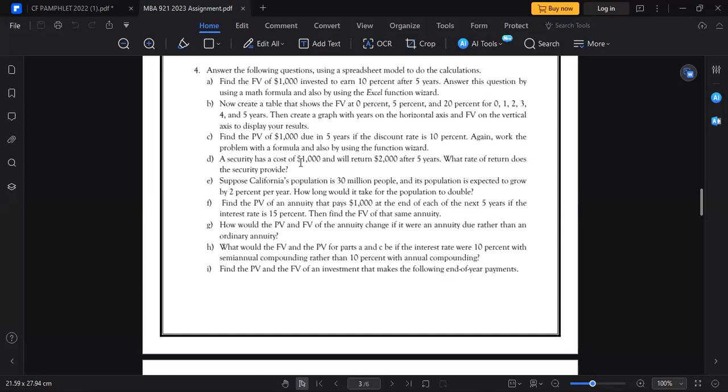Which one do you want to pick? Let's look at question part E. All right. Part E.